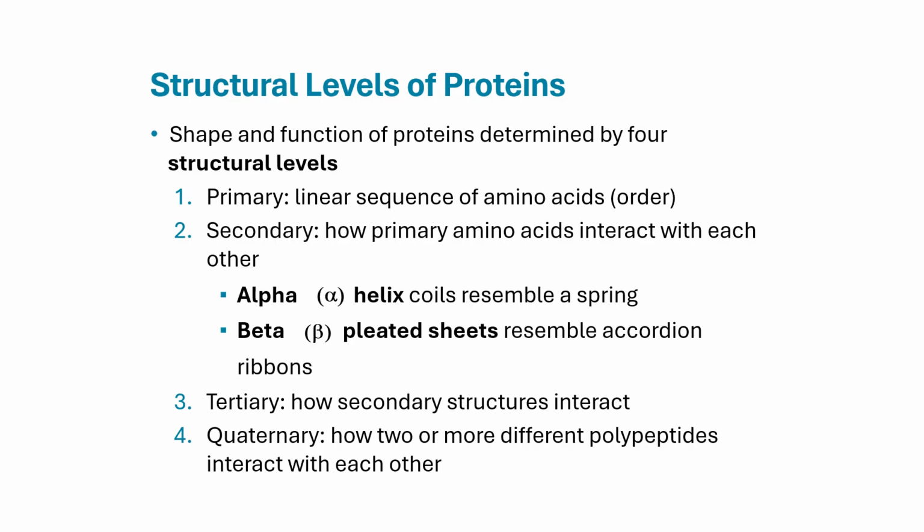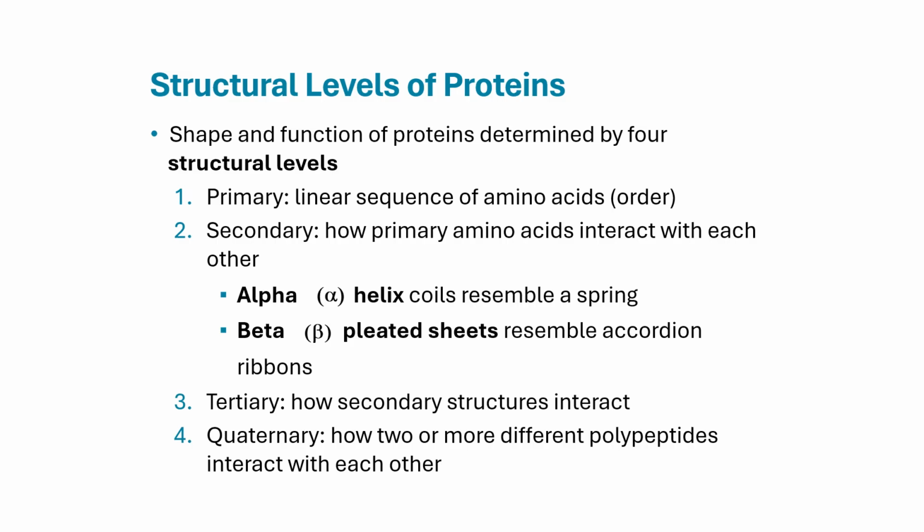The secondary is how primary amino acids interact with each other. They can form alpha helix coils resembling a spring, or beta pleated sheets resembling an accordion ribbon. Tertiary is how secondary structures interact, and quaternary is how two or more different polypeptides interact with each other.